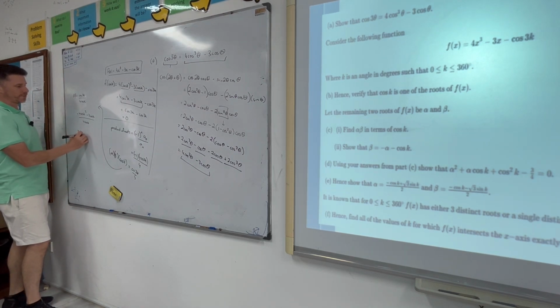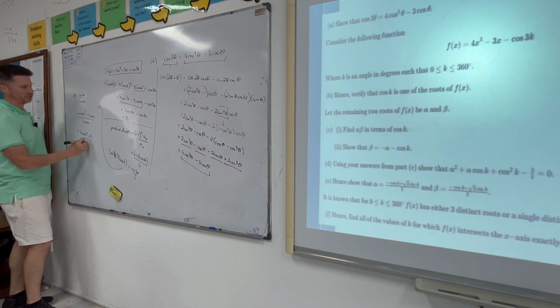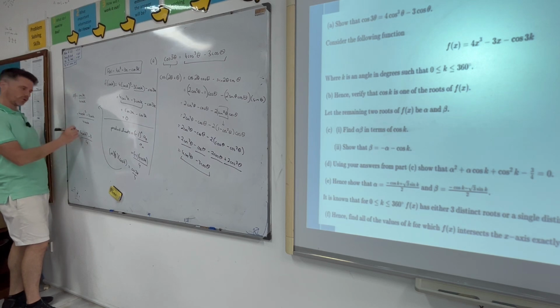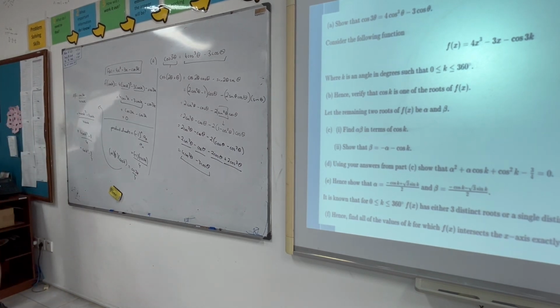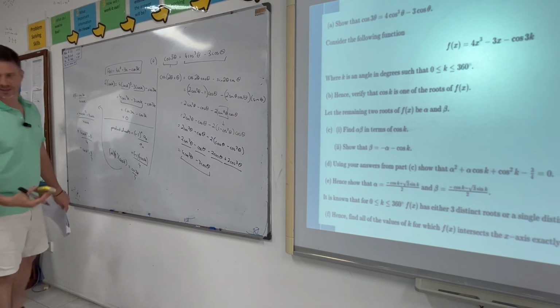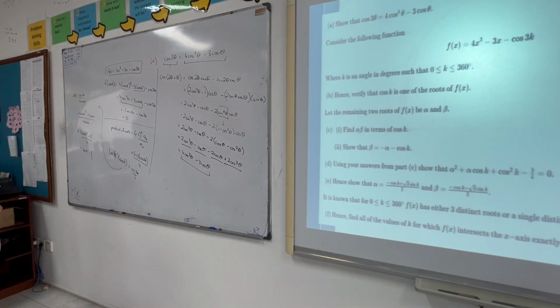So we've 4 cosine k squared minus 3 all over 4, which this 4 cancels with that one. So you can do it cosine k squared minus 3/4 if you want to tidy that up a little bit. Okay. Anyone get that? Yeah, a few of you.